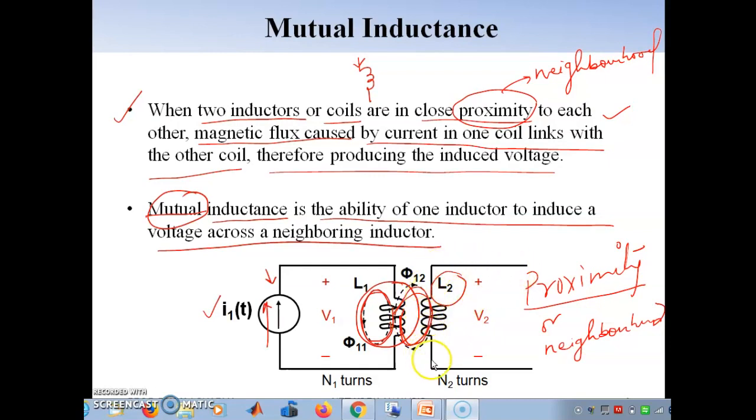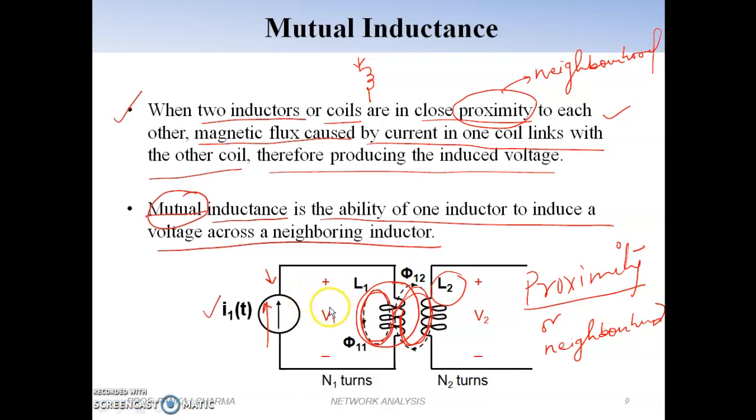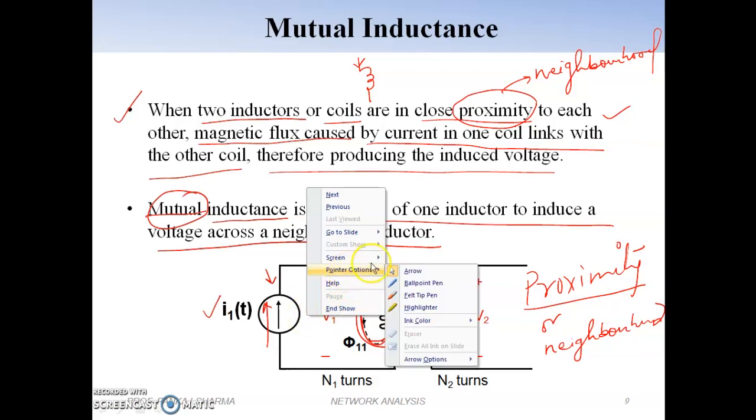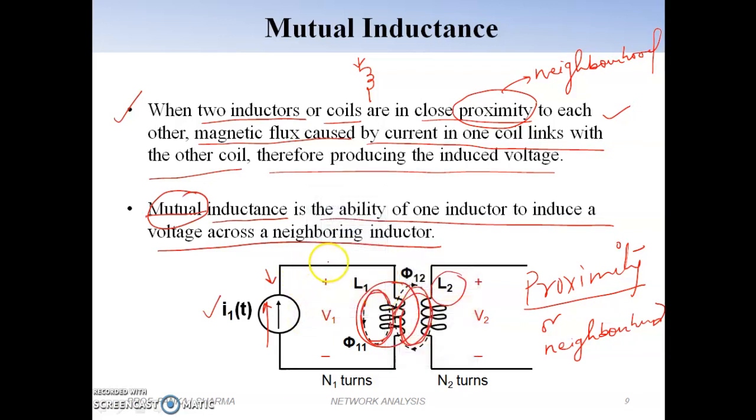This L2 is in proximity of this L1, and the current which is flowing in circuit number 1, see this is a current I1 which is flowing in circuit number 1 and which is generating this flux phi, is going to induce EMF in this circuit.